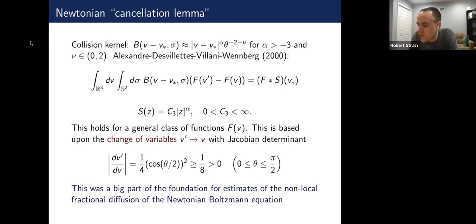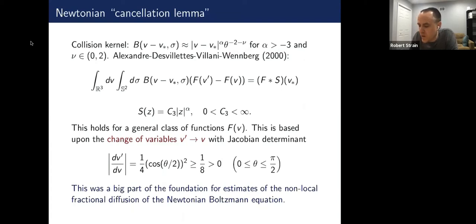So your collision kernel is B of v minus v star, sigma, and you can model it as |v minus v star| to the alpha times theta to the minus 2 minus nu, for alpha greater than minus 3 and nu in (0, 2). So this theta variable to the minus 2 minus nu is very singular, is not integrable.